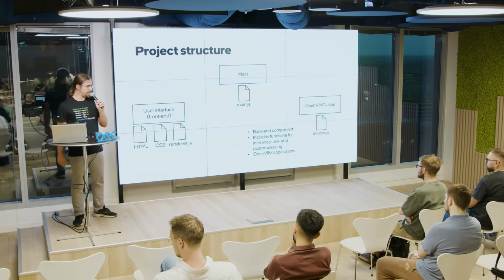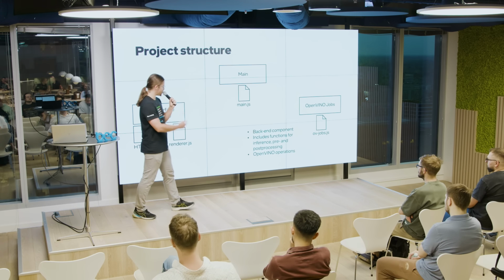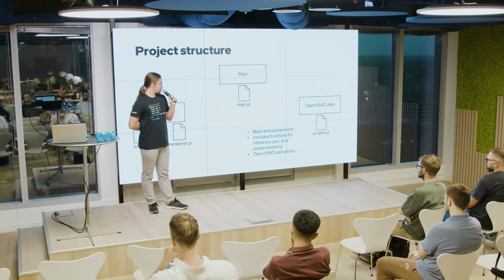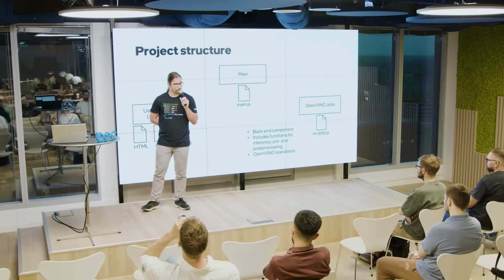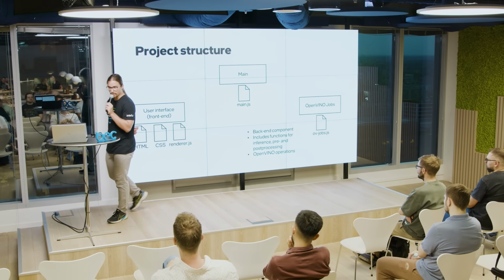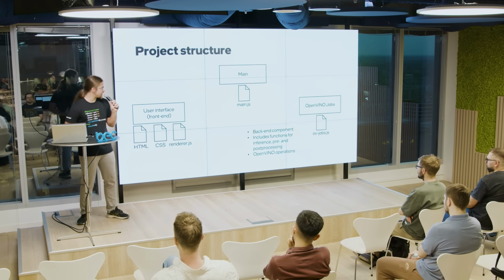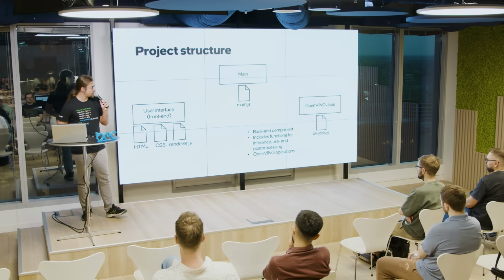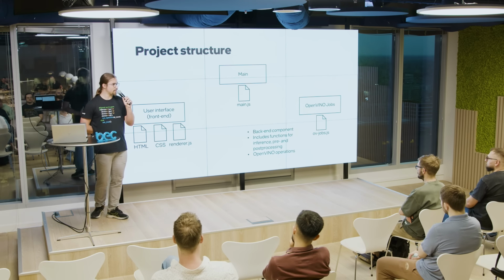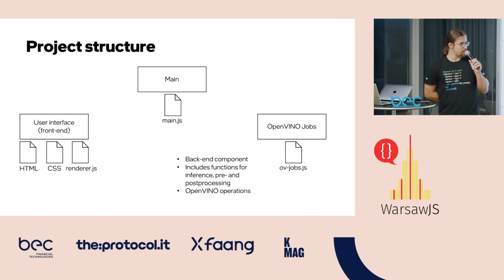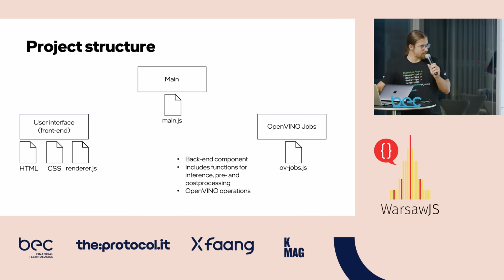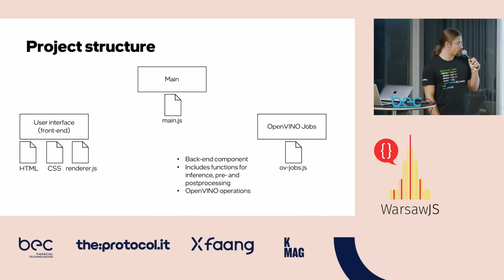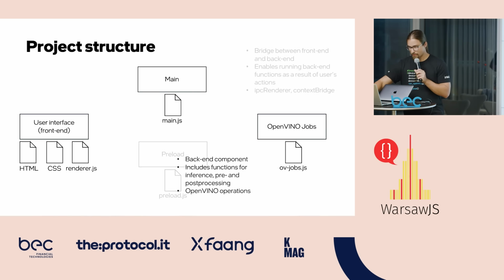On the other hand, in the backend, we have the OpenVINO jobs file, which consists of all the OpenVINO operations, also pre-processing, post-processing, every backend component, basically. And what is important, this is the only component in which we import OpenVINO. This is quite important, because it doesn't work if we define OpenVINO anywhere else.